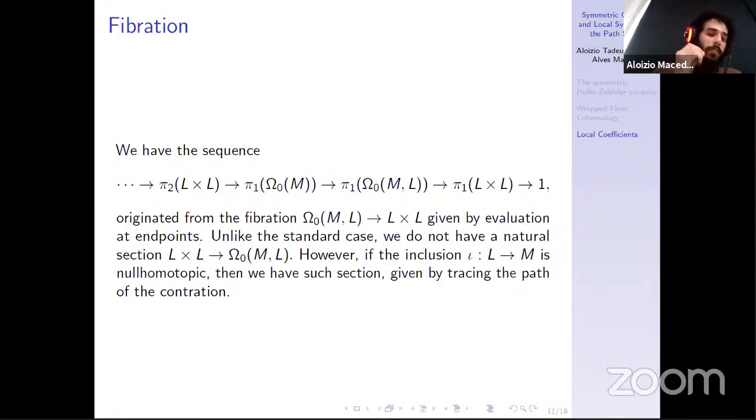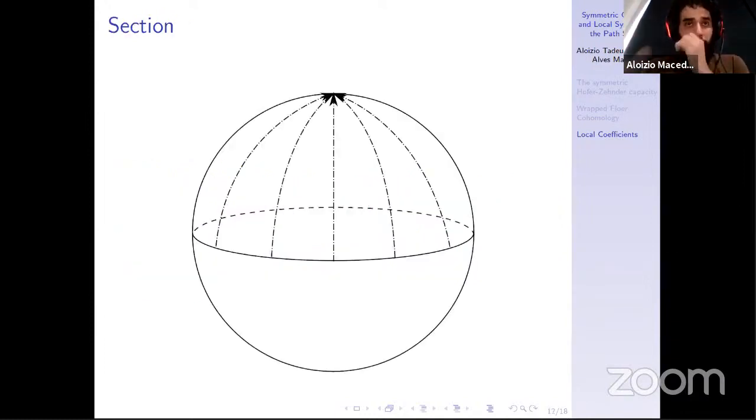For example, if we suppose that this inclusion of L in M is null-homotopic, we have a section. We can just take one point and trace the contraction to the point, and then trace it back to the other point. I have a picture to illustrate this. So, for example, consider S1 inside S2.